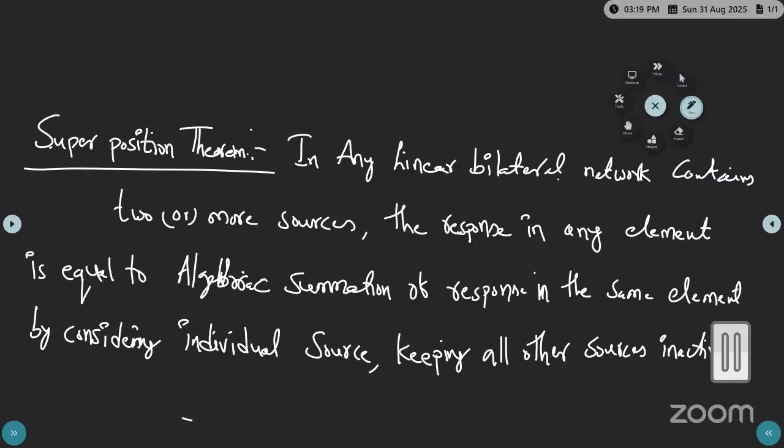Keeping all other sources inactive. Very big statement. Yes? Very big statement.